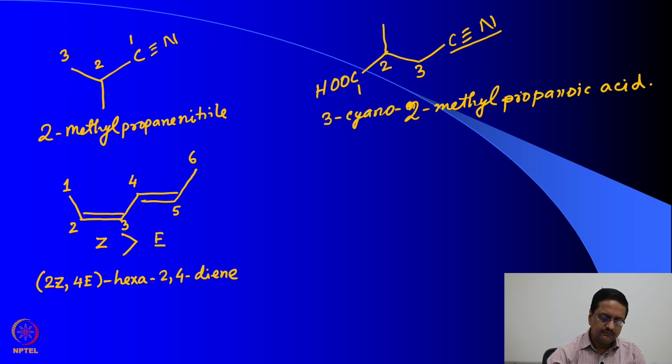Now, we try to see what happens when you have a combination of carboxylic acid, alcohol, some double bond and an aldehyde present all together in a molecule. So, I am trying to write the molecule which is a bit complicated.